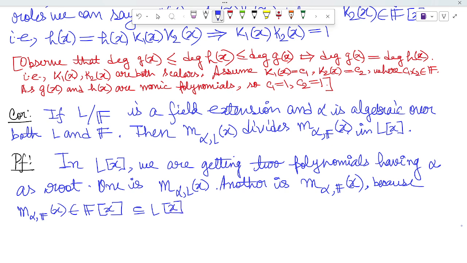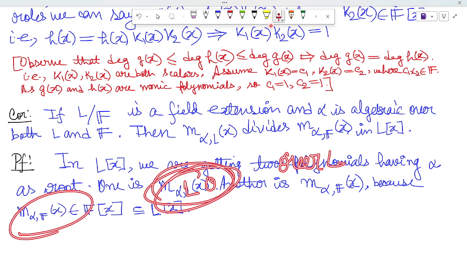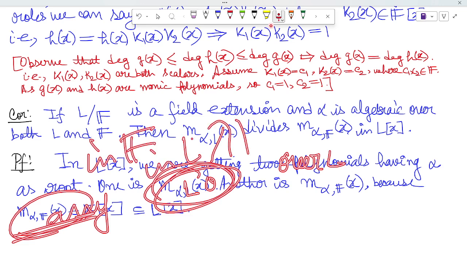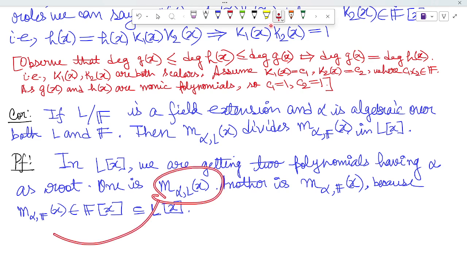The coefficients come from F, but F is already contained in L, so I can take them as coming from L. But this is the minimum degree polynomial over L. I am considering over L. In F, this is minimal, but in L, I don't have any idea, no problem. So the minimal degree polynomial will divide this by the above theorem. So this divides this.